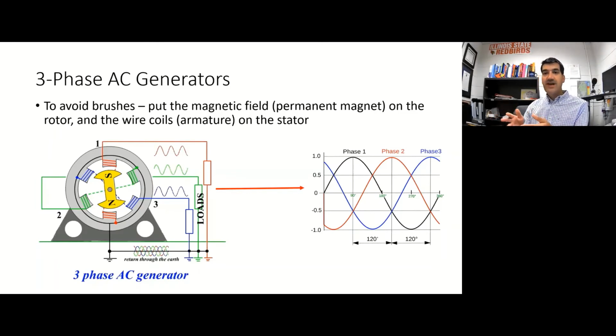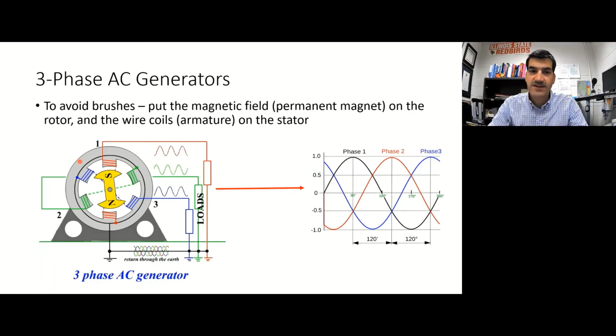However, even that is better than putting the armature on the rotor, because the amount of current going through the brushes and the slip rings to just power an electromagnet on the rotor is a lot lower current. It's a lot lower current, and therefore your brushes don't need to be as big and they don't wear out as quickly.